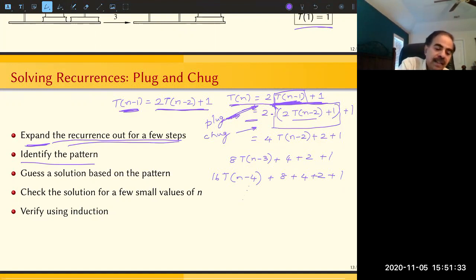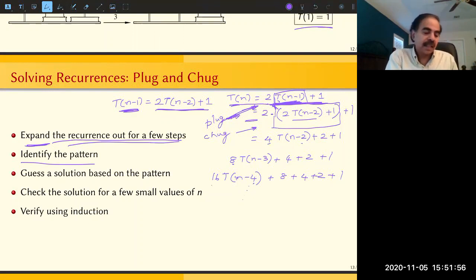To find the pattern, you see that when you go from n to n minus 1, the coefficient is 2. When you go from n to n minus 2, the coefficient is 4. From n to n minus 3, the coefficient is 8. From n to n minus 4, the coefficient is 16.